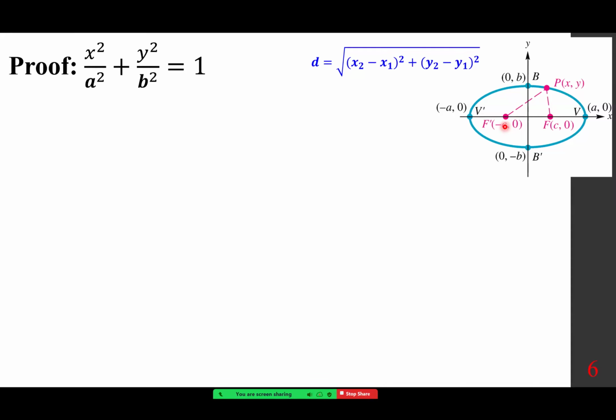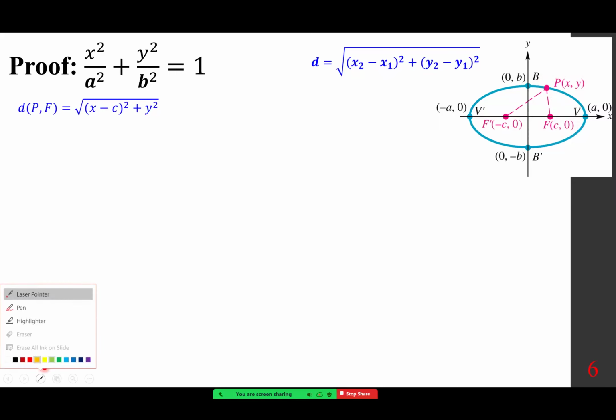So this has coordinates x comma y. This has coordinates c comma 0. According to this formula, the distance from P to F is the square root of x minus c quantity squared plus y minus 0 quantity squared. So this distance is this one.